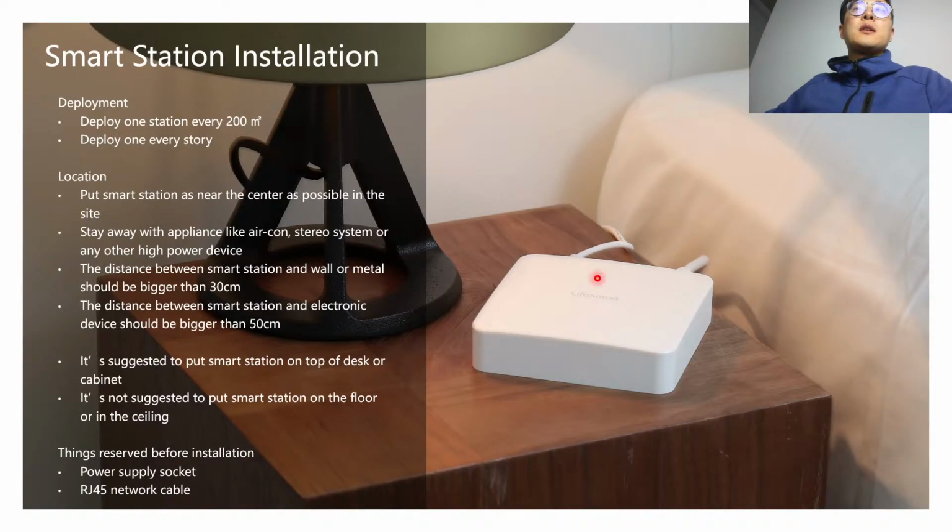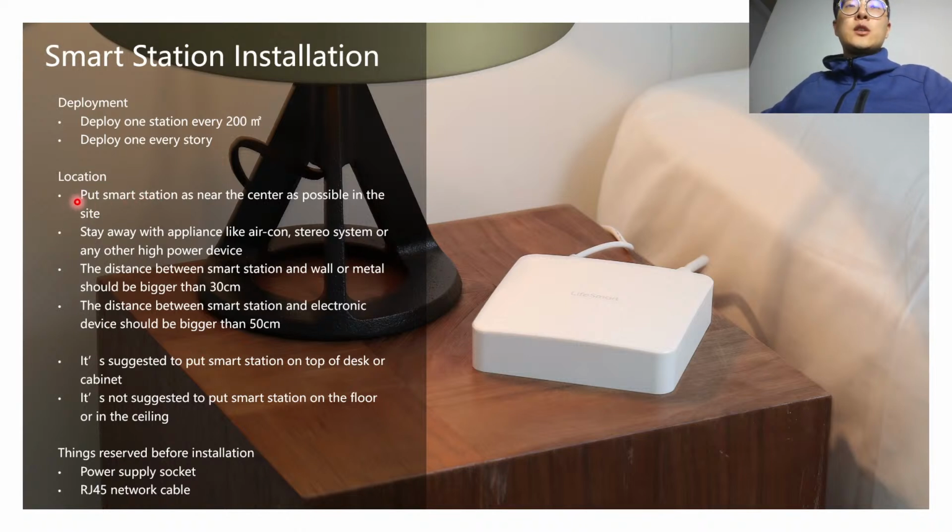For the deployment of every smart station, as mentioned, it can cover 200 square meters. So you can deploy one smart station every 200 square meters. And we suggest deploying one for every story if it is a villa, or a relatively large house.